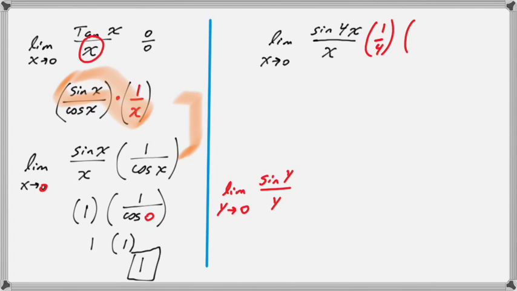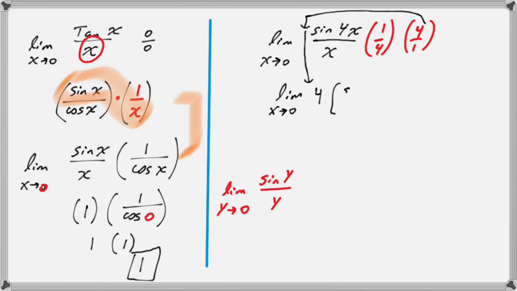Well, I can't do that unless I also multiply by 4. So I'm going to pull this 4 out front, leaving me now the sine of 4x over 4x. So I now know that 4 times this limit is 1. So my result here would be 4.